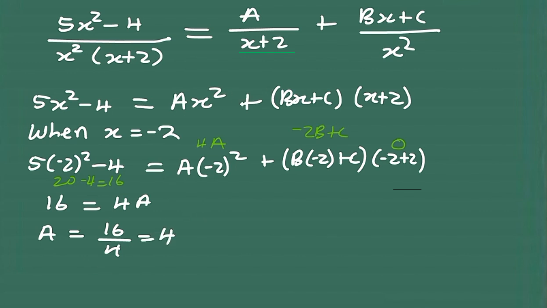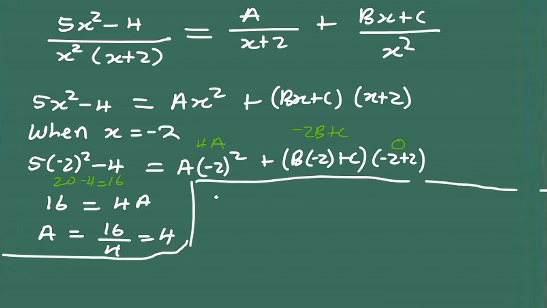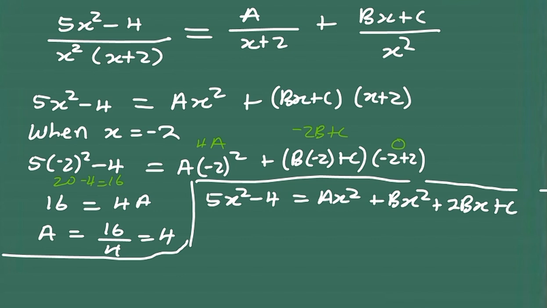Now for b, we are going to expand the expression. Expanding this expression, we are going to have 5x squared minus 4 equals ax squared plus bx times x squared plus 2bx plus cx plus 2c.